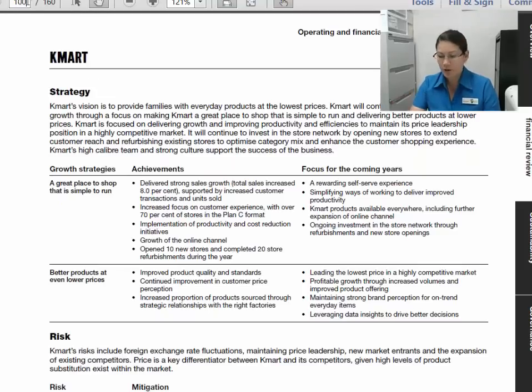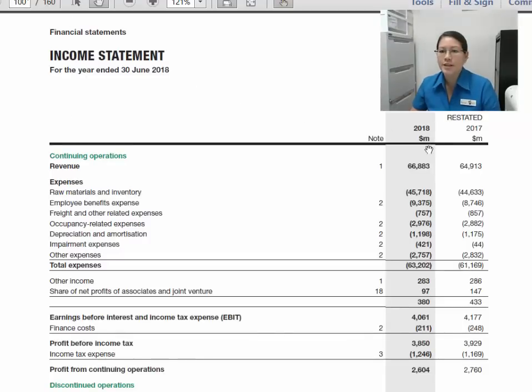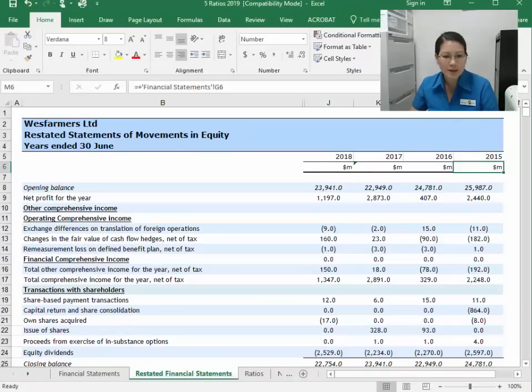Sorry, page 100 in this report. And it'll actually tell you, for example, Wesfarmers are in millions of dollars. So whatever denomination your company's figures are presented in is what your spreadsheet should also be presented in. So just fix that now.